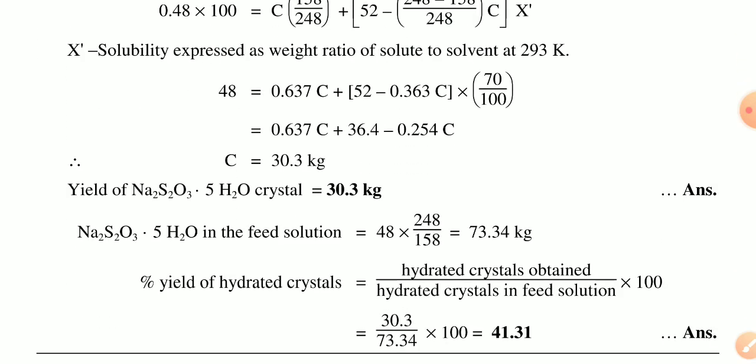So 48 is equal to 0.637 C plus (52 minus 0.363 C) multiplied by 70 by 100.